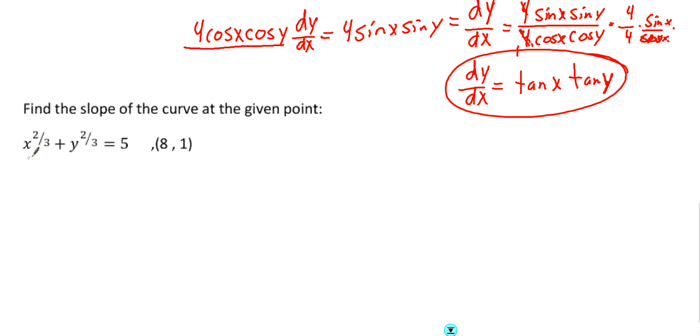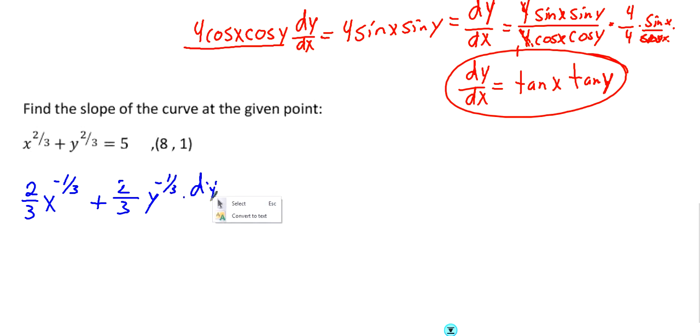So we take the derivative of x to the 2/3, so it's 2 over 3 x to the negative 1/3, because you bring the 2/3 out front, subtract 1, plus do the same thing for the y, so you get 2/3 y to the negative 1/3 times dy over dx equals 0.